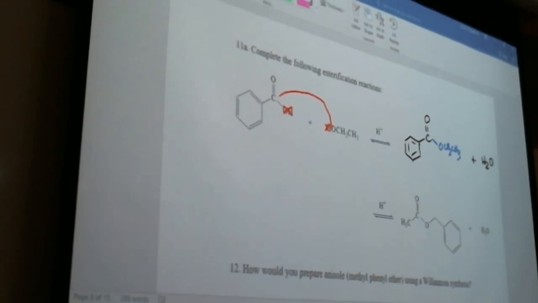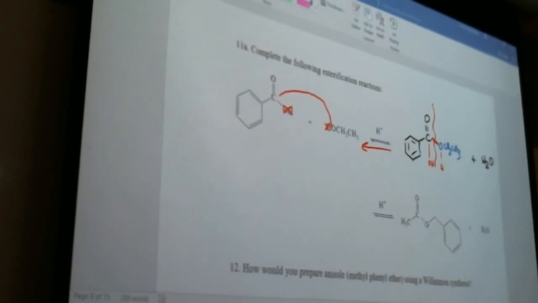Now, if we're thinking the reverse, the bond that I just made was this one, between the carbonyl carbon and the oxygen, right? So if I look at this as an equilibrium, what I would be doing is adding water, OH here and hydrogen here, and that would give me these two starting materials.